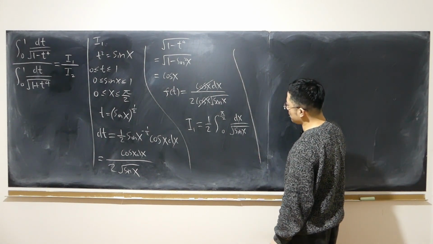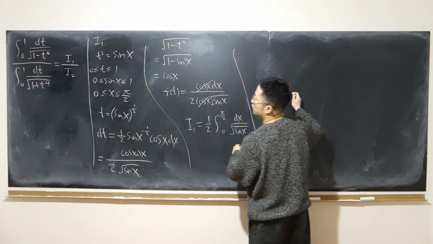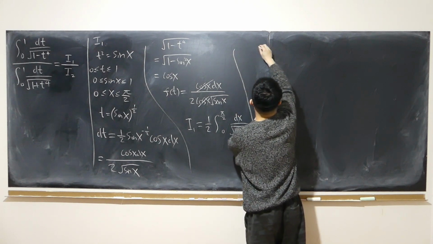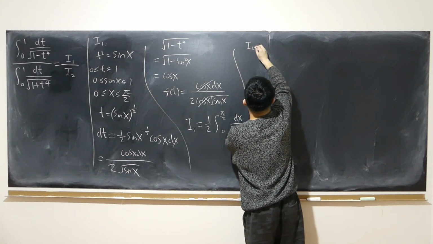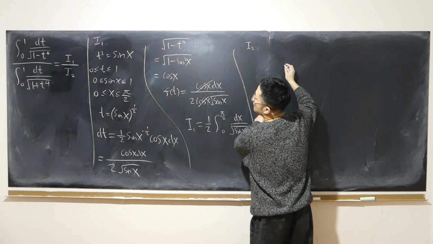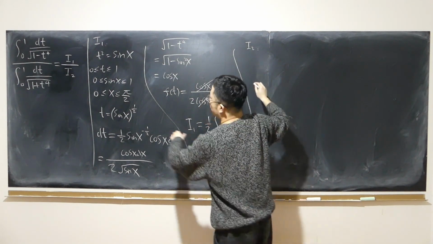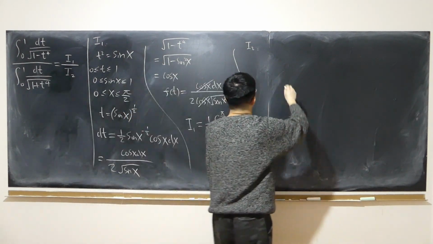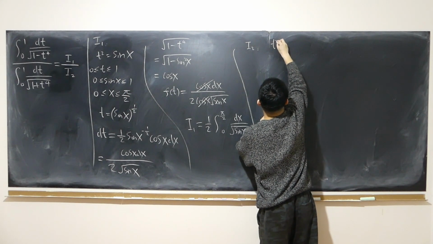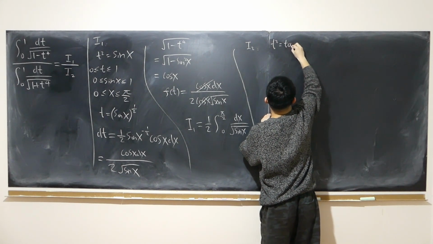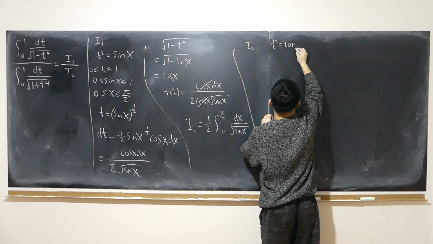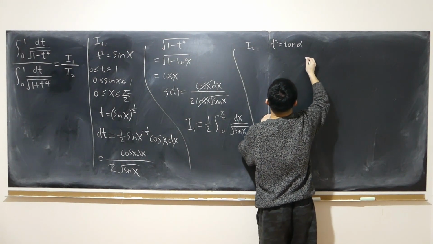Because then I'm going to look at my second integral, I2. So what I'm going to do with it: once I see the plus, that tells me maybe I should let t squared equal tangent alpha.